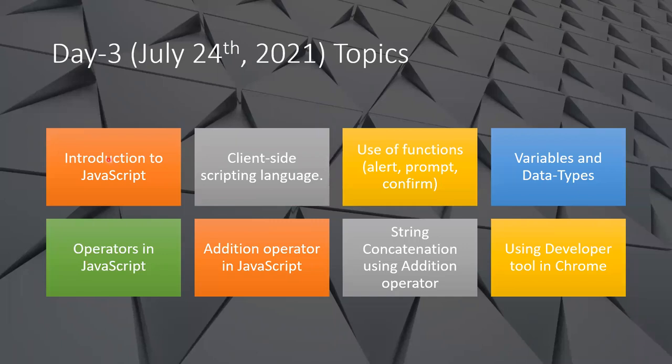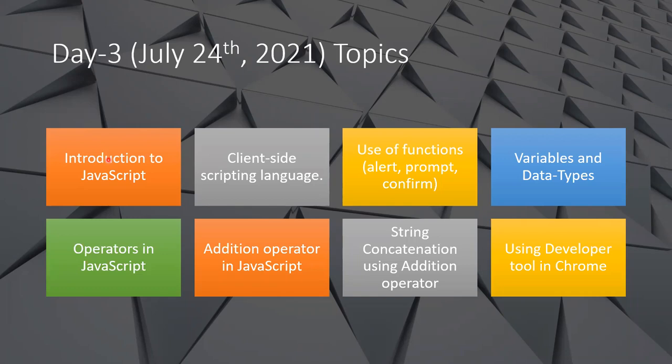We now have a fair enough idea why we call it client side, because the browser should allow it to run. If not, it won't run. We have learned two tags: the script tag, where you write the actual code, and noscript, to display when there is no JavaScript enabled or supported. And with that, we learned three functions. Directly, I did not introduce you to variables, but I used them based on the values which are getting returned.